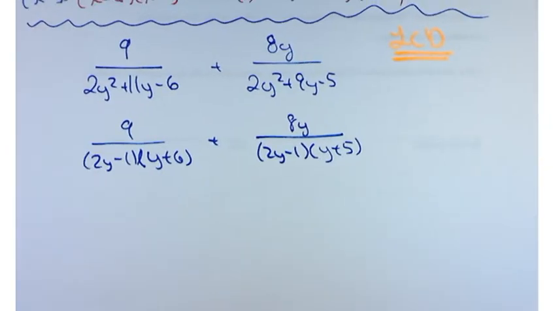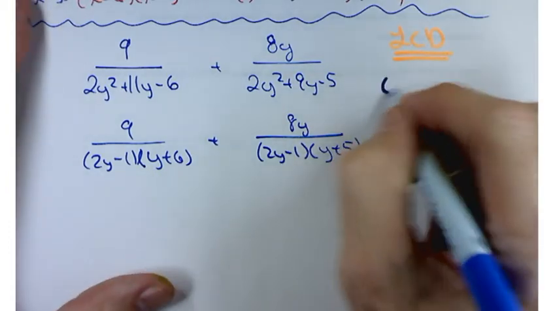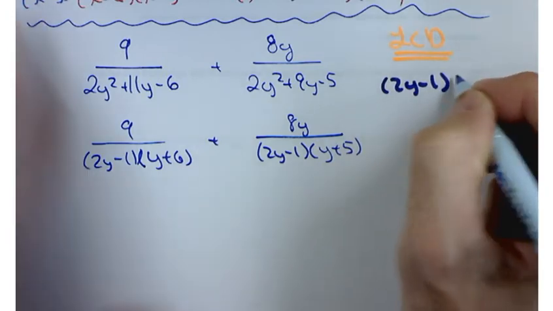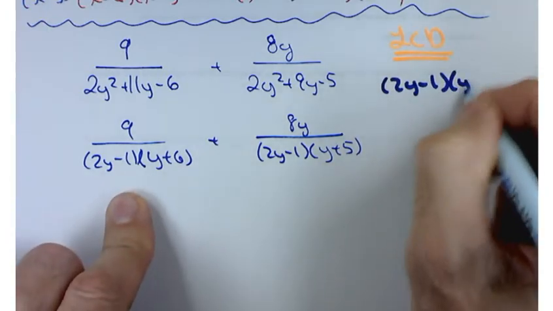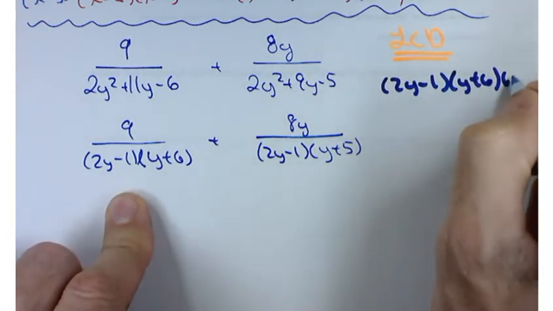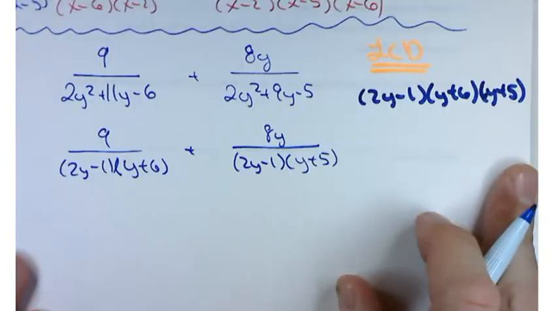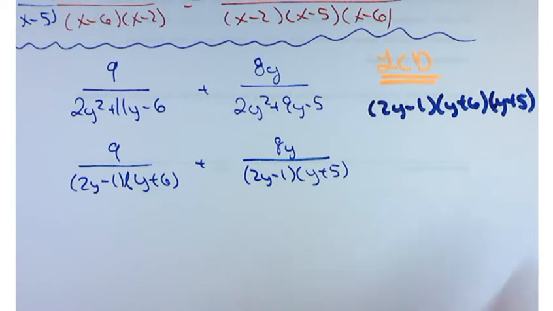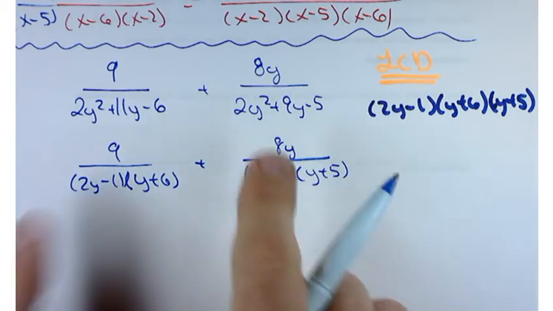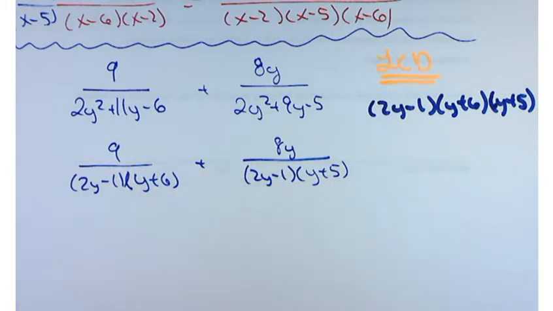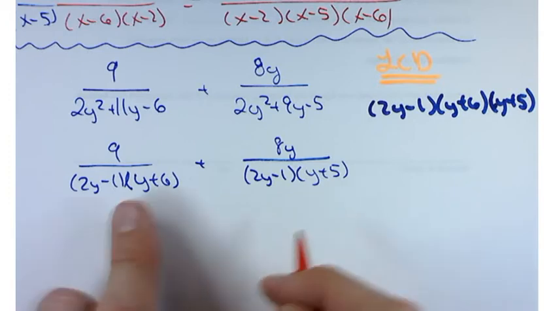What's the LCD for this one? 2y minus 1, y plus 6, and y plus 5. Thanks, Dallas. So let's save ourselves a little bit of writing and just use what we already have here.